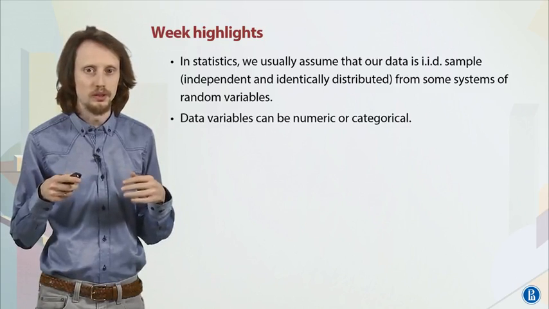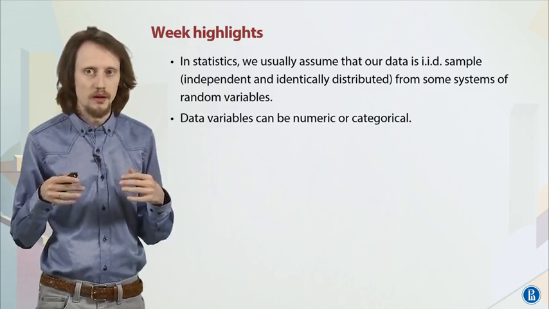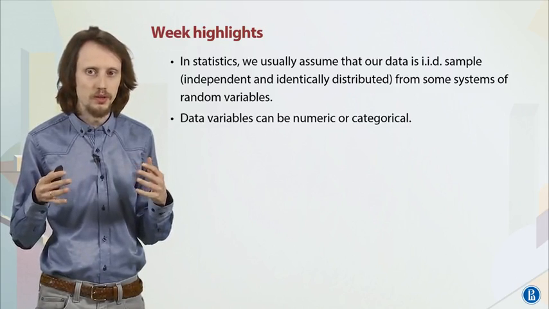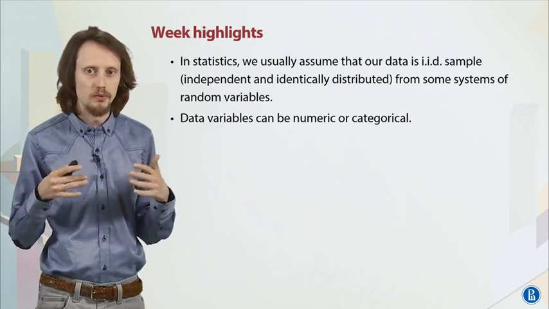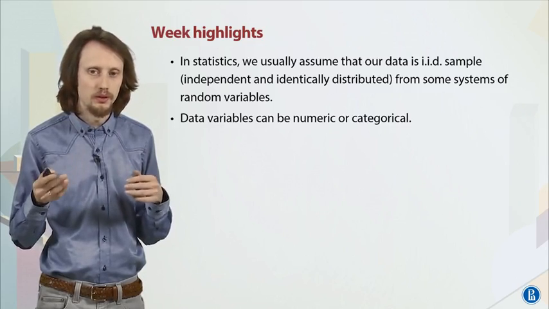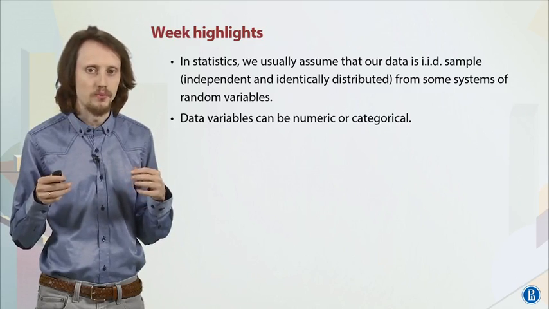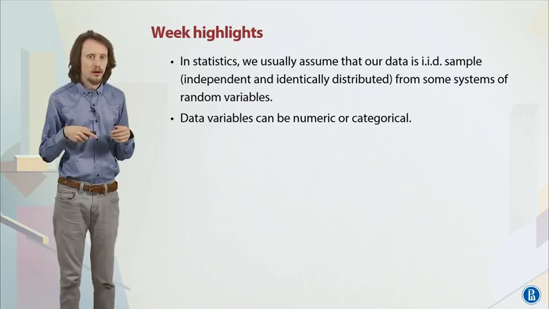We discussed that data variables can be numeric and categorical. Numeric variables can also be subdivided into real and count, but this subdivision is a little bit non-strict. And categorical variables can also be subdivided into ordered and unordered.